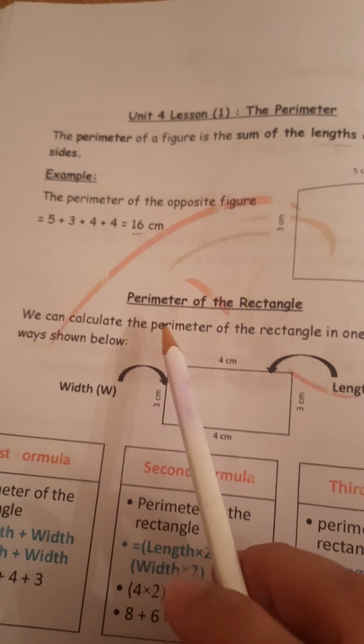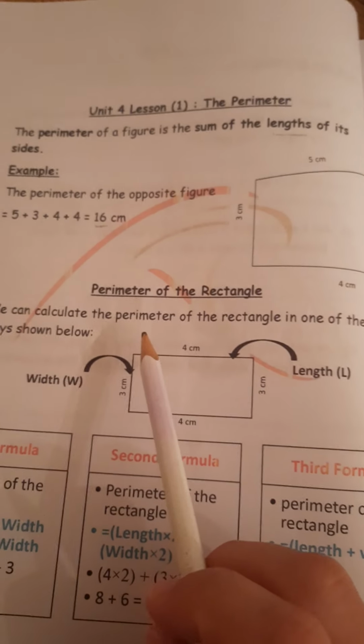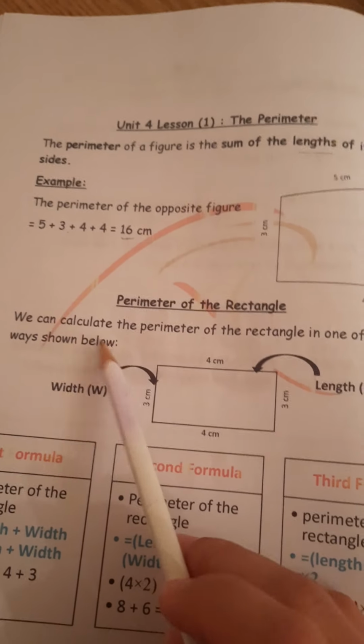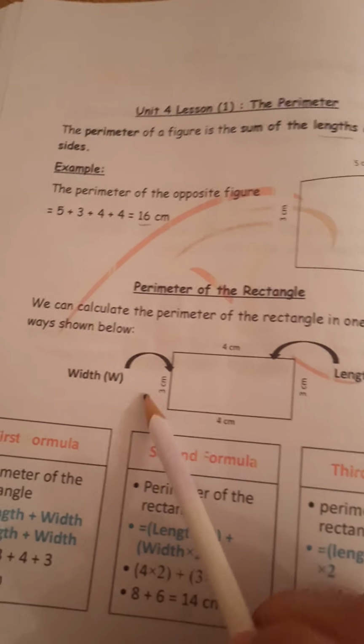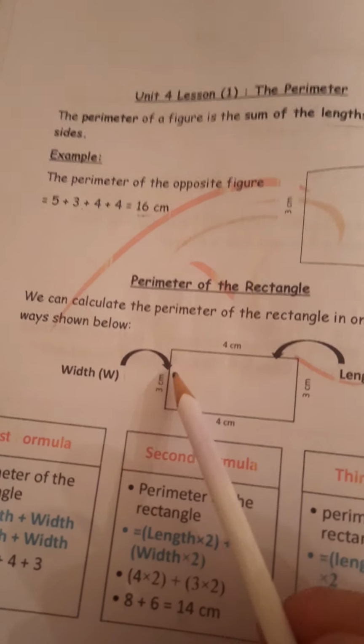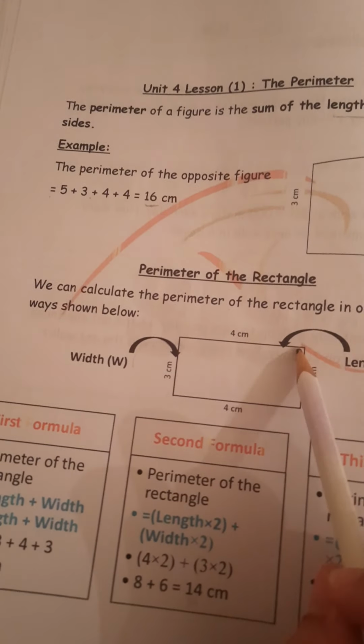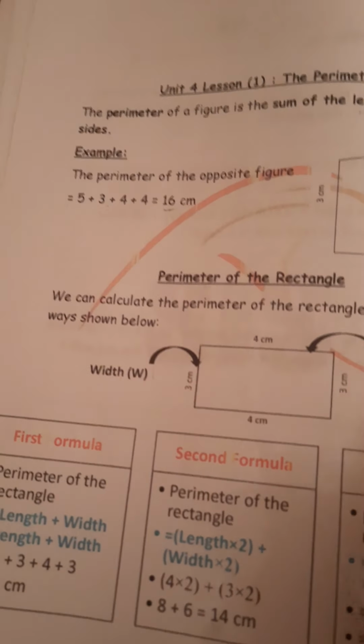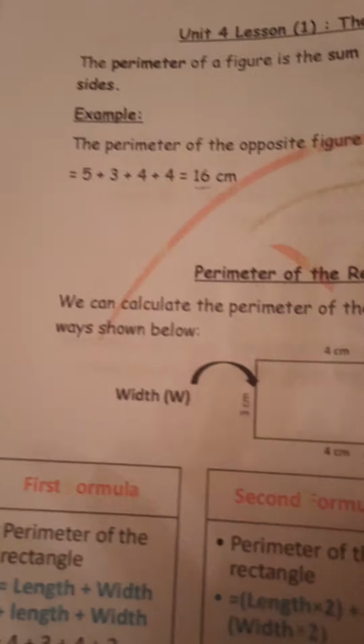We can calculate the perimeter of the rectangle in one of the ways shown below. I have here the width and this is called the length. I have three formulas to calculate the perimeter of the rectangle.